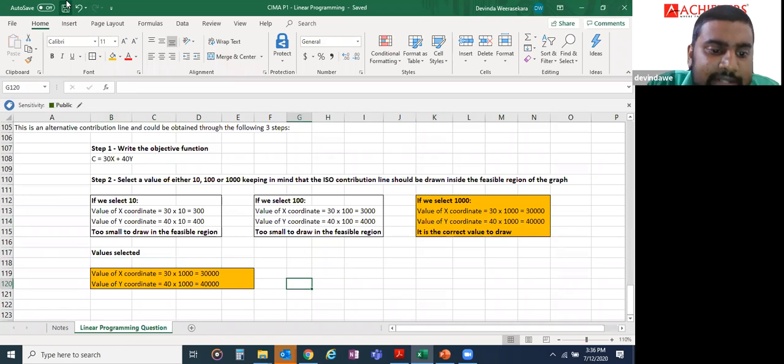Clear, guys? Value of x 30,000, value of y 40,000.